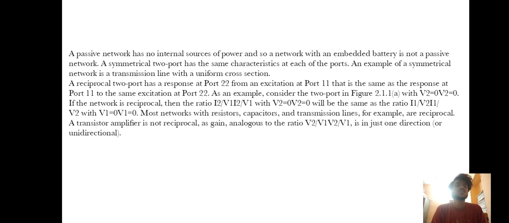Most networks with resistors, capacitors, and transmission lines, for example, are reciprocal. A transistor amplifier is not reciprocal, as gain, analogous to the ratio V2 by V1, is in just one direction, or unidirectional.